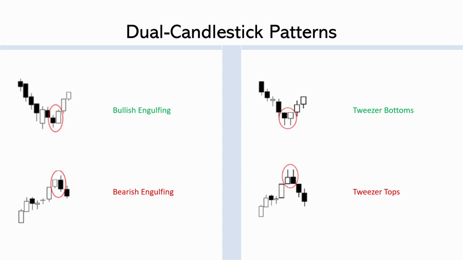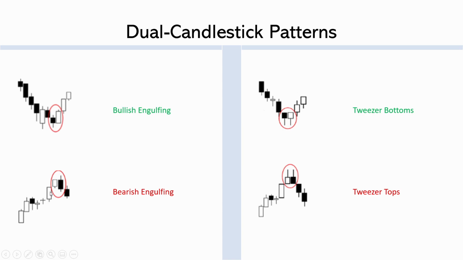I have 4 patterns right here, 2 bullish and 2 bearish. Let's start with the engulfings first. A bullish engulfing is one candlestick down, then the other one opens at the price it closes, and it engulfs the previous one, and this is bullish because it bullish engulfs the bearish candle at the beginning, so price tends to go up after this one.